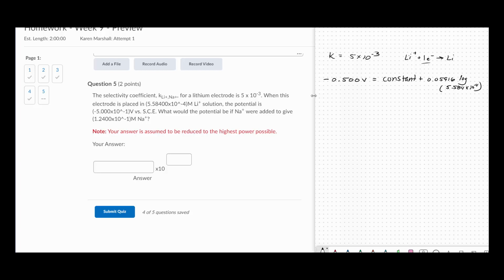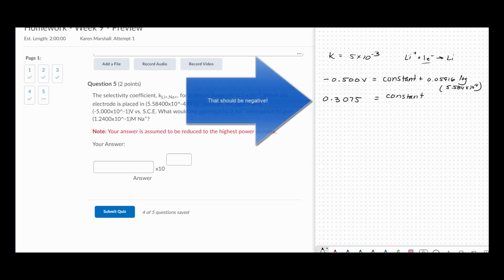So I'm going to solve for the word constant, just with standard algebraic principles. So when I solve, I get that the constant for this particular electrode is going to be 0.3075. I'm just going to keep those as my digits.